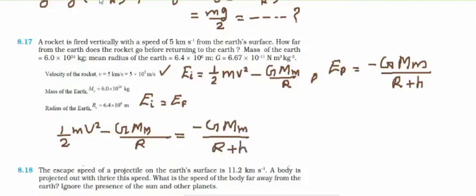Now all small m's are cancelled there. Then you can substitute all values. After substituting the values, first you can find the value of r plus h. Once you get the value of r plus h, substitute the value of r there and h can be calculated.